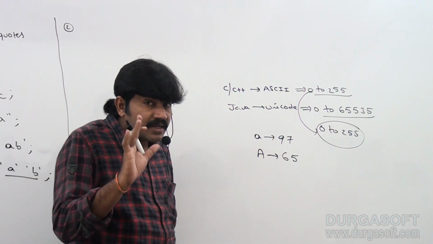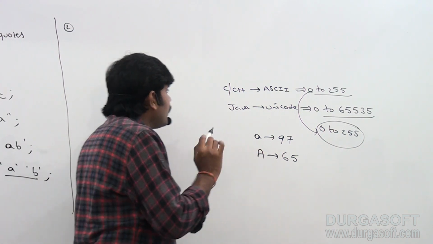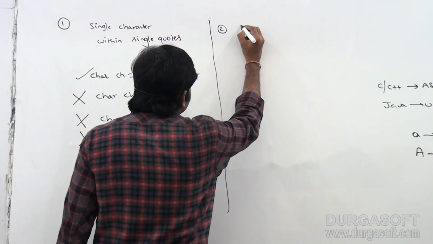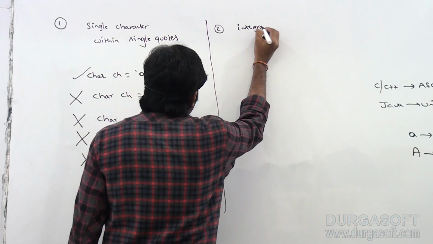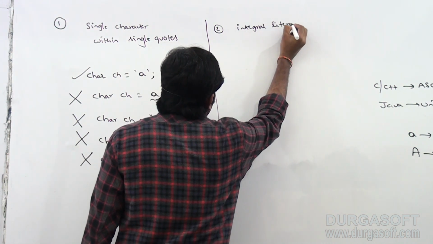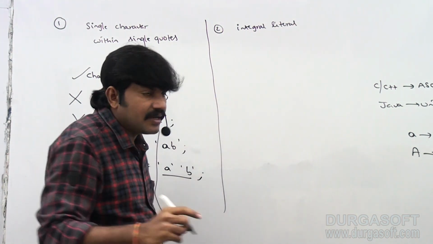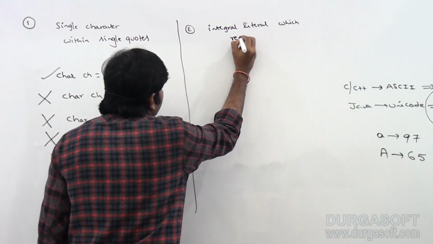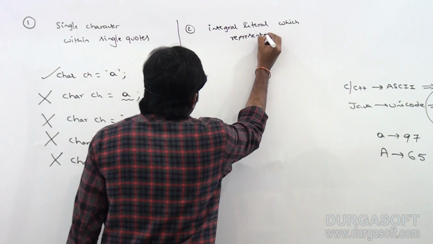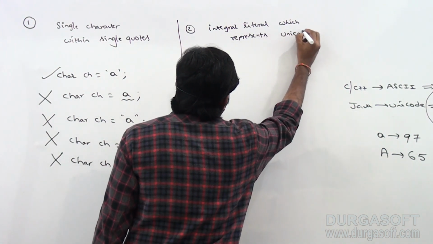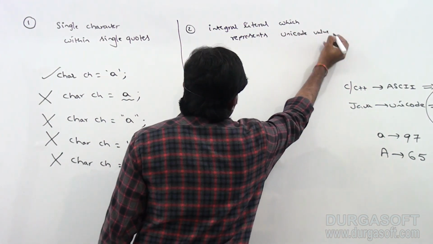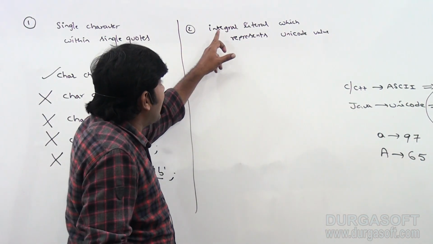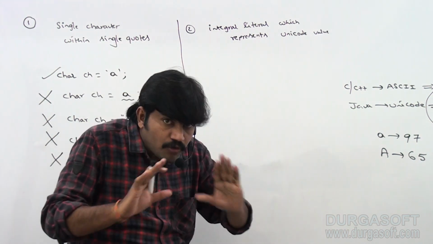Now the next important point here, observe. We can represent a char literal as an integral literal, which represents the Unicode value. Okay, so you can represent a char literal as an integral literal, no problem at all.